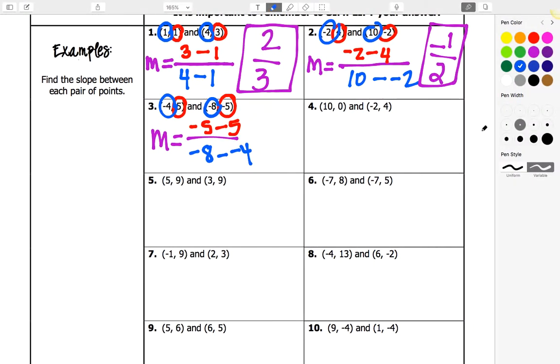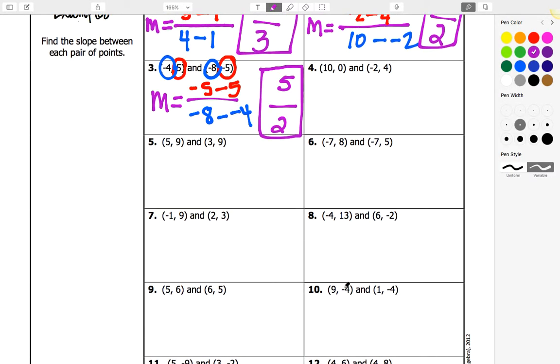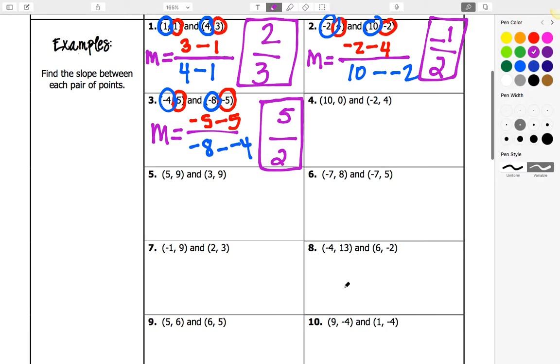So my slope for this case is 5/2. You will be responsible for the rest of these problems, 4 through 12 actually. That's what you guys have to do in class today, as well as your slope from the other page.